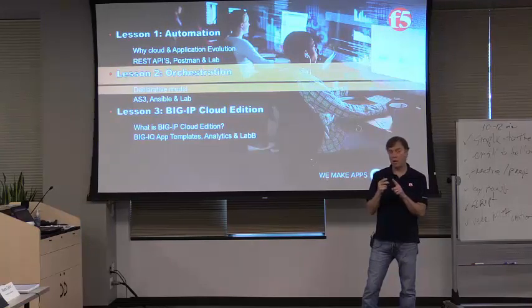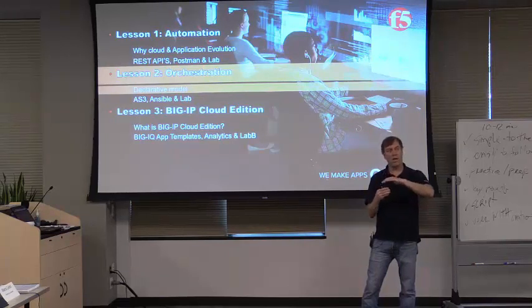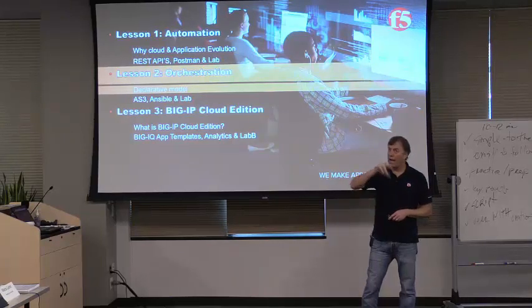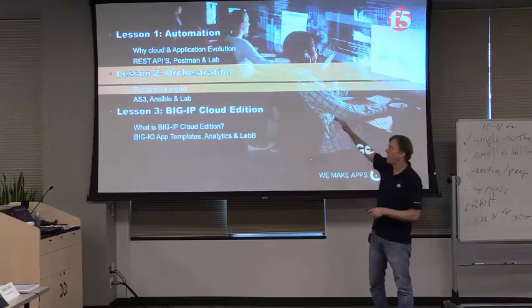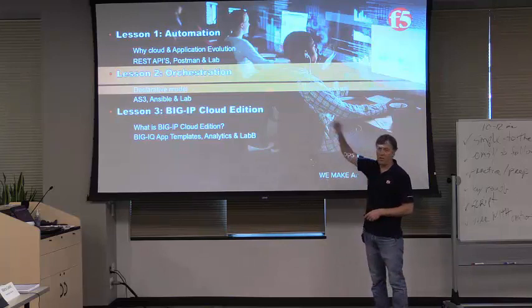Or if you created your own monitor, you had to do the monitor first, then the pool, then profiles, and finally the virtual server. So you not only had to know how to create those objects, but also what order you had to create them in. So very much an imperative type of knowledge that you had to have in order to do things that way.